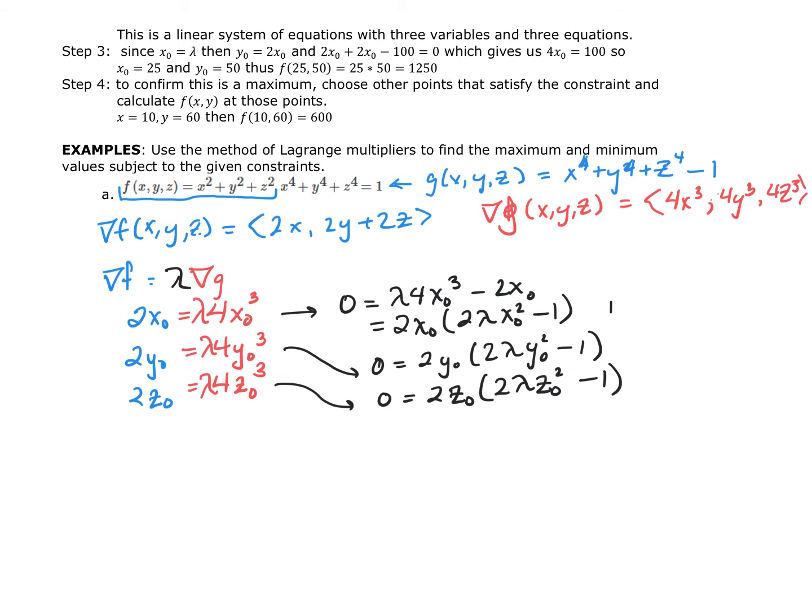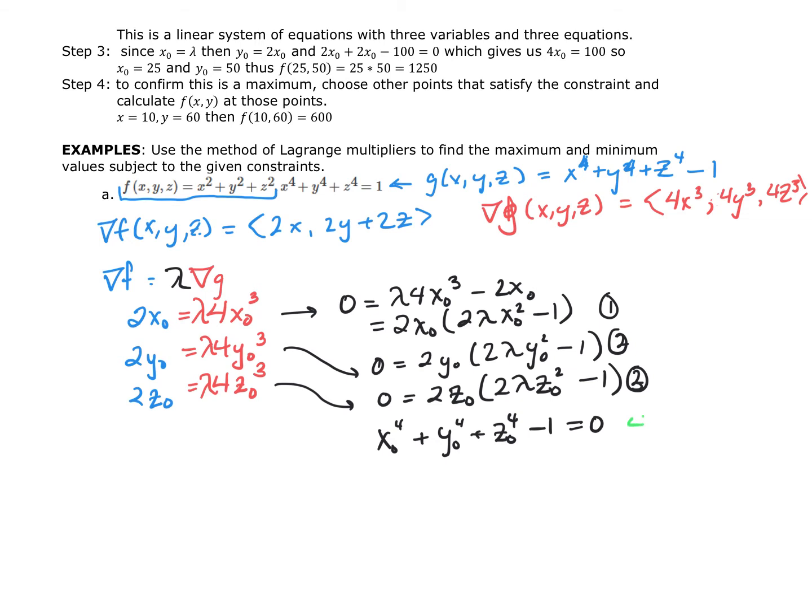So I have this equation, this equation, this equation, and don't forget that my function g has to be set equal to 0, so I have x naught to the 4th plus y naught to the 4th plus z naught to the 4th minus 1 is equal to 0.